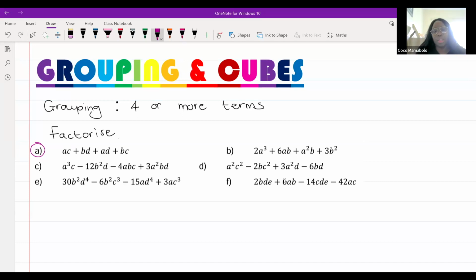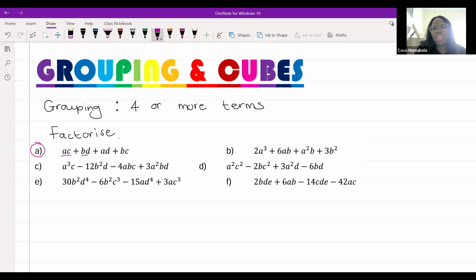Now, I cannot just decide to group however I want. Whatever it is that I'm grouping needs to have something in common. So if I decided to take AC and BD, do AC and BD have anything in common? Mandisa says no. Tseho also says no. Tanuluti says no. No, they don't.